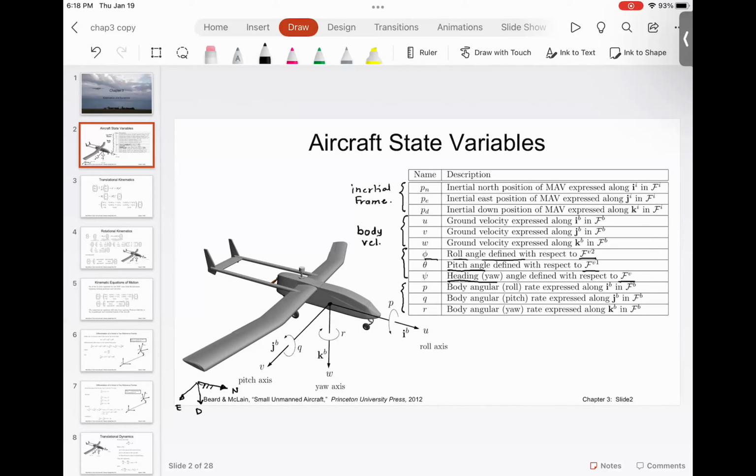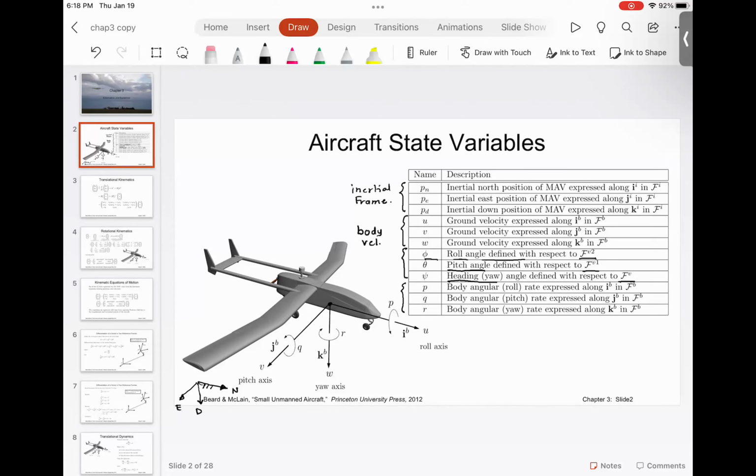So these are the body angular rates or angular velocities. So I will repeat this once again. Pn, PE, PD are the inertial positions. So where that aircraft is. Then U, V, and W are the body velocities. And P, Q, and R are the body angular velocities.